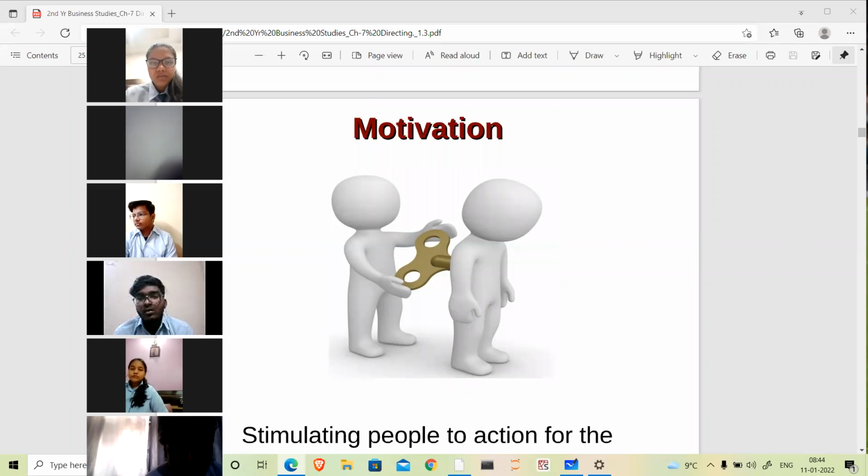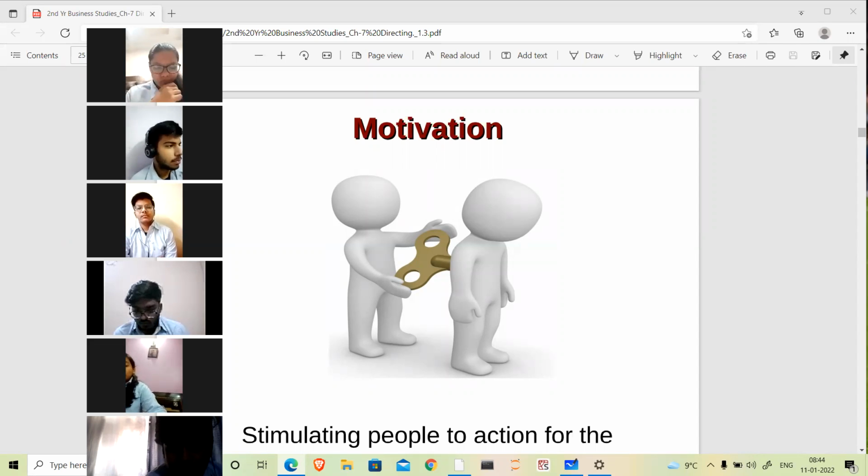The manager who is working very hard, 9 to 5, not sitting idle, doing his work with his 100%, and the other manager who is not doing the task properly, both getting the same salary, then you can imagine what can happen to the responsible manager.